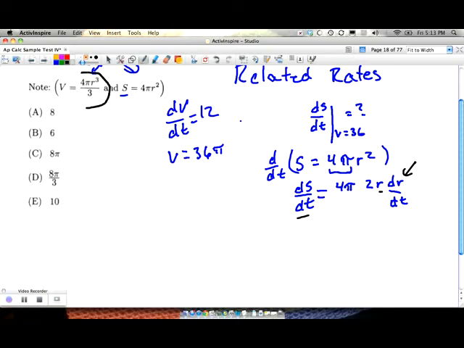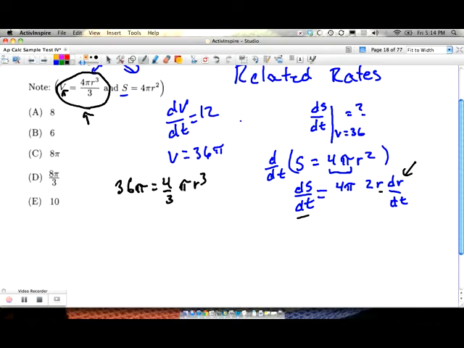So how do I find r? Do I have some equation, a relationship with known values, that I could use to find r? Did the pen just circle volume? Yes, it did. We know volume equals 36 pi, so I'm going to put 36 pi in for v. That means that 36 pi equals 4/3 pi r cubed. This sounds familiar.